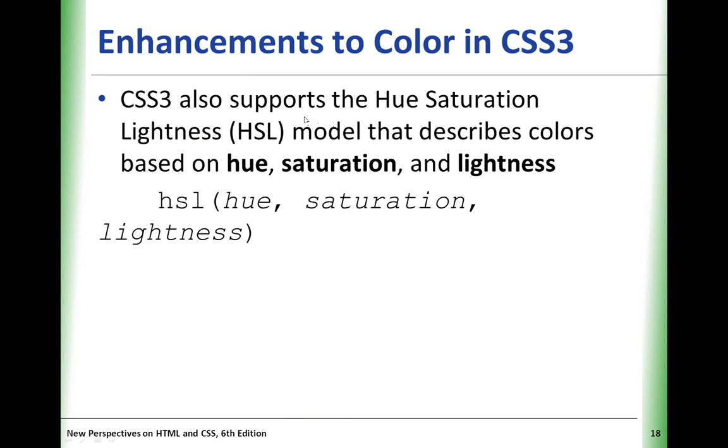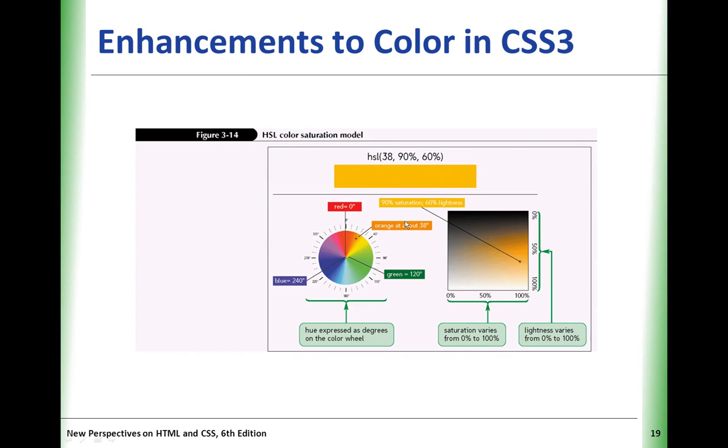We also have something in CSS3 that we did not have before in the previous class called hue, saturation, lightness. It's a model that describes the colors based on hue, saturation, and lightness, which means we can have a color and then do a percentage that says it's lighter or darker.